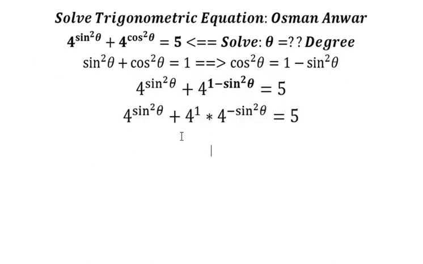So that means we can split this one into 4 to the 1 times 4 to the minus sine squared theta. Then this is equal to 4 to the power of sine squared theta plus 4 to the 1 times 4 to the minus sine squared theta equals 5.